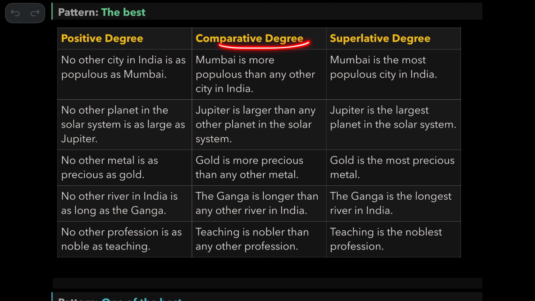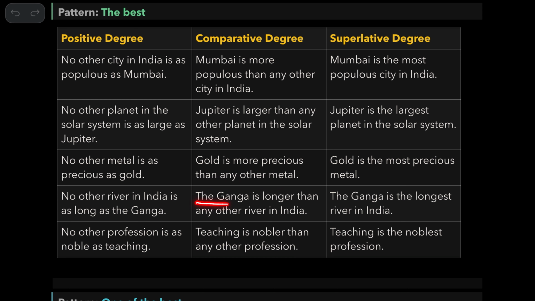Now, comparative form. Mumbai is more populous than any other city. So what you should remember is more populous than any other. You have the comparative form followed by than any other. Jupiter is larger than any other planet in the solar system. Gold is more precious than any other metal.